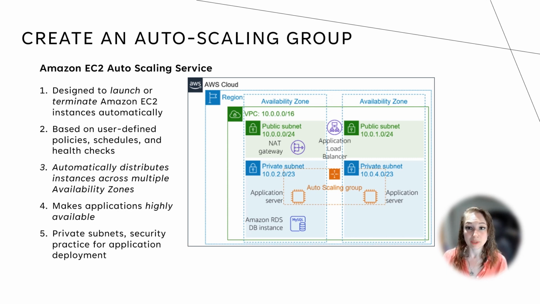A launch template is a template that an auto scaling group uses to launch EC2 instances. When you create a launch template, you can specify information for instances such as the AMI, the instance type, the key pair, and the security group.